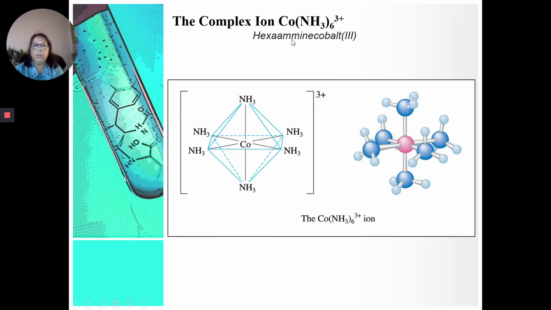So why the name hexaamine cobalt? Hexa for the 6 ammonia, or the hexaamine, amine, NH3. And then you have there the cobalt.